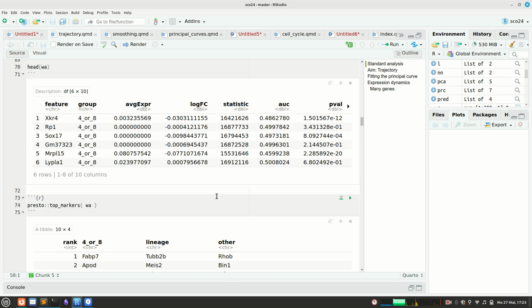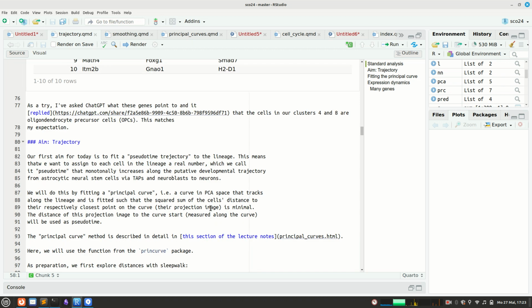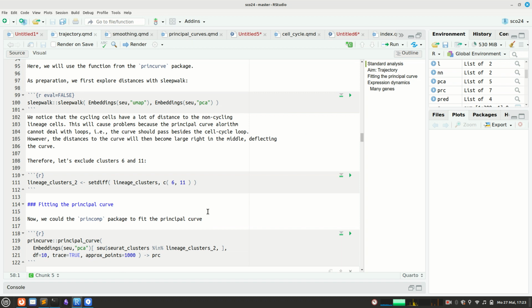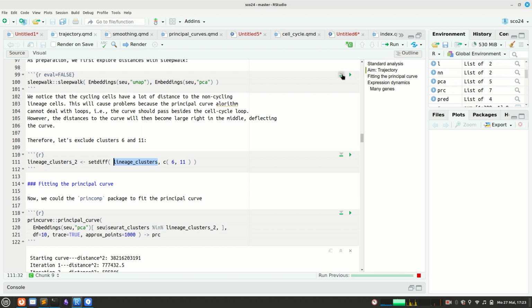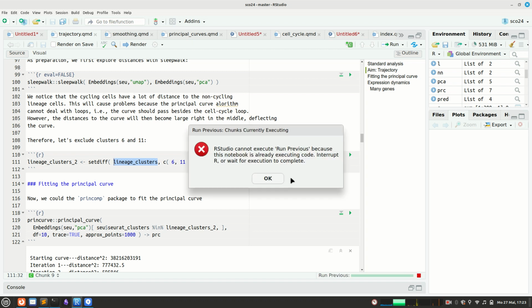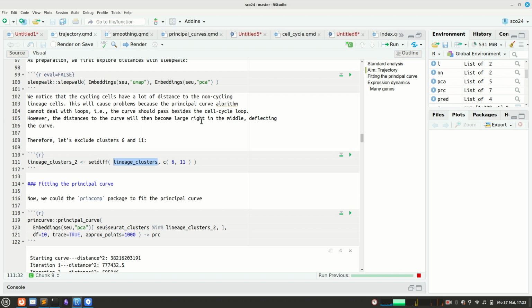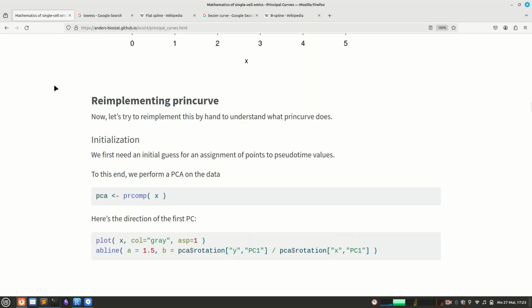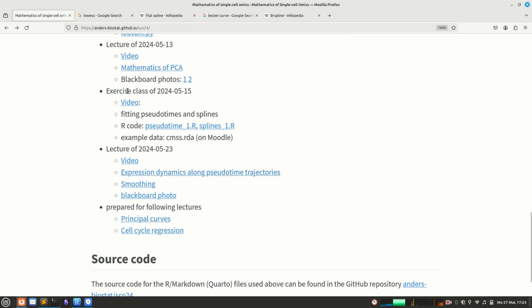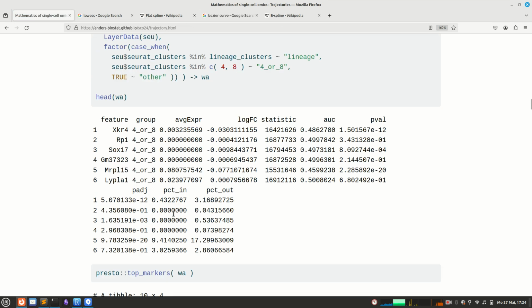And what I now do is, here I kicked out clusters 6 and 11. And I run, okay, this now needs probably a while to load all this data, so I show it to you on my finished thing here. Where am I? Expression along pseudotime.